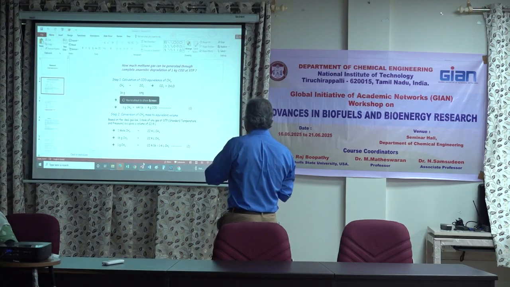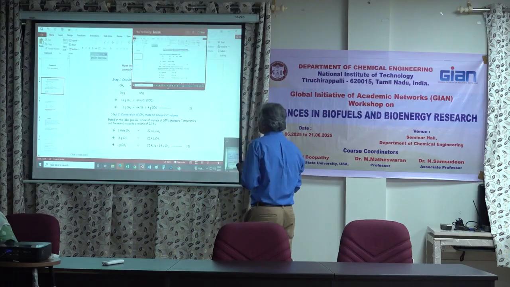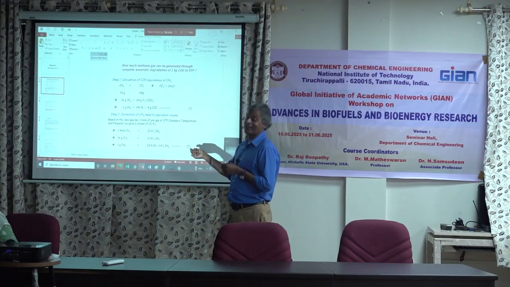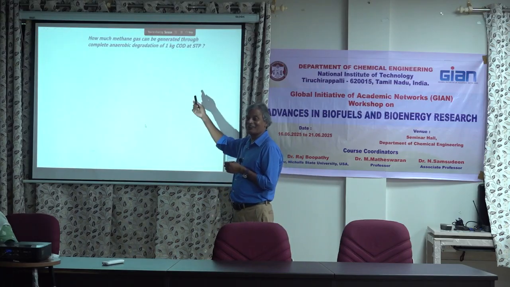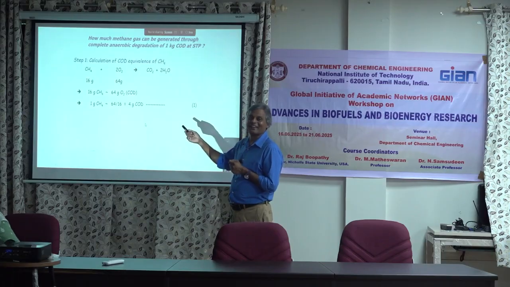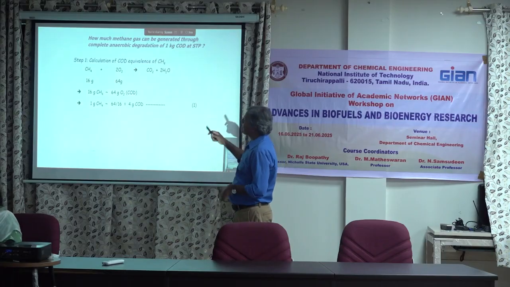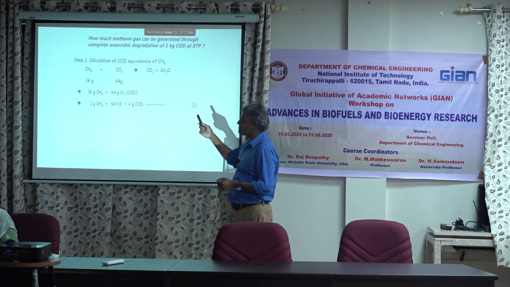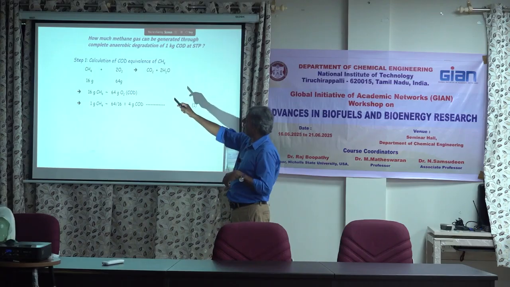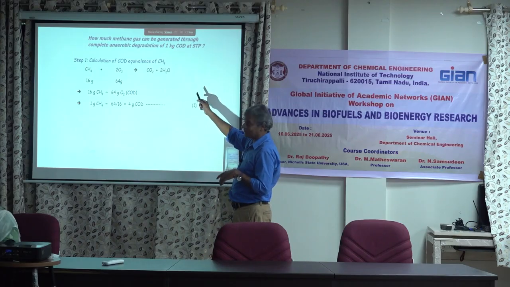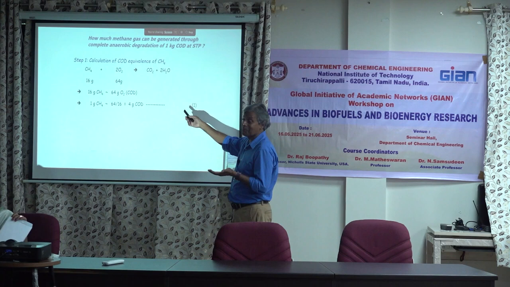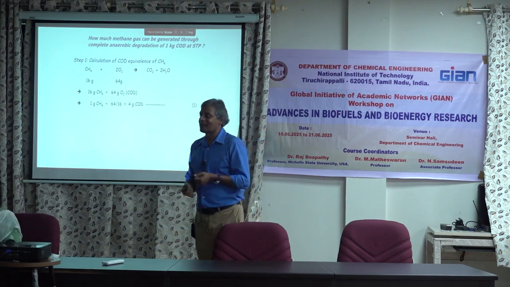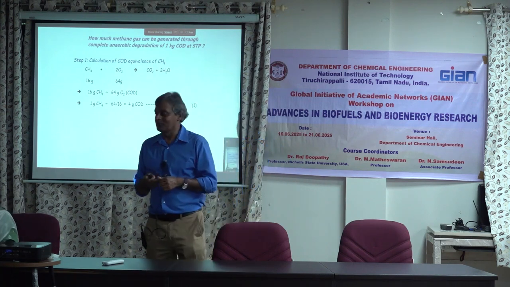All you need to do, I don't want you to simply multiply by the answer here. I want you to go step by step. Step one, do this step one process. You're going to calculate COD equivalents of CH4. And then we can do step two.